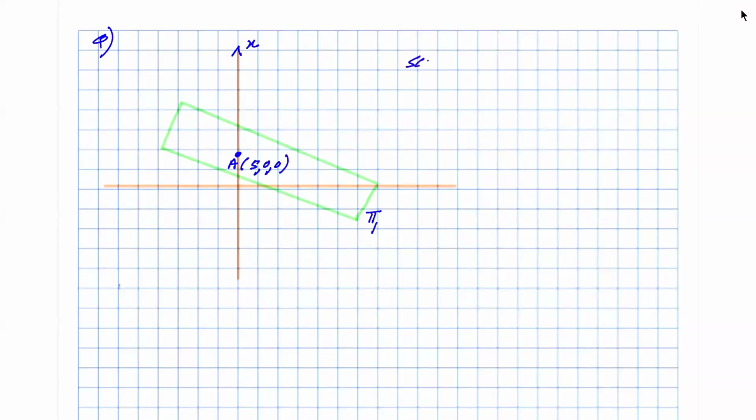The scalar equation of pi 1 is 2x minus y plus z is equal to 10.